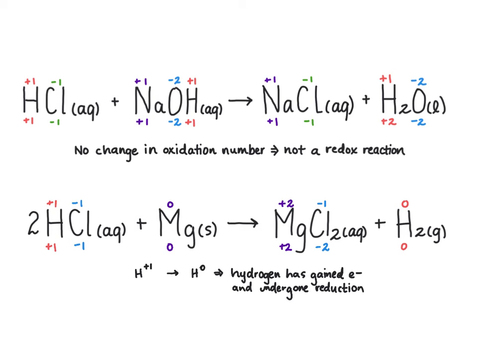We can also see that the oxidation state of magnesium changes from 0 to +2. This change in oxidation number implies that magnesium has undergone oxidation because it has lost electrons.